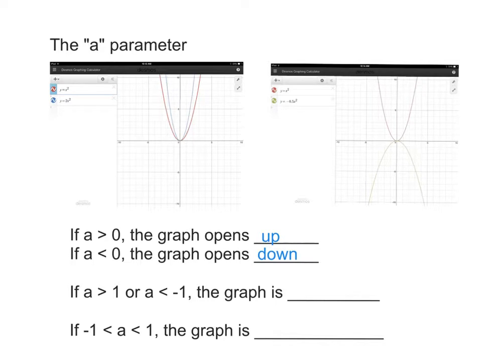The other part of this is what I was talking about with it being narrow or wide. If a is greater than 1 or a is less than negative 1, so that means a would be something like 2, 3, 4, 5, or negative 2, 3, 4, 5, or some other number in that range, then the graph is narrow compared to y equals x squared.